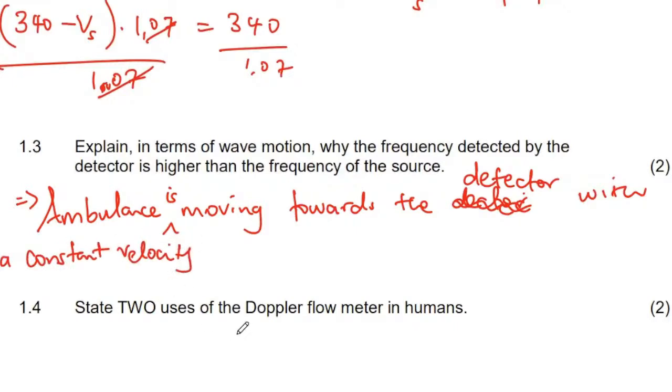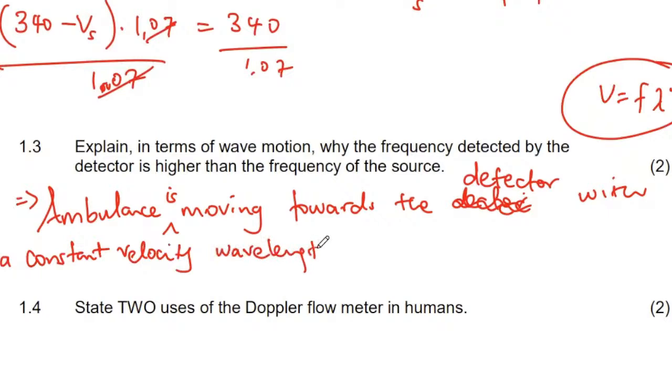But we know that velocity is equal to f lambda, from that wave equation of ours. So if it's moving with a constant velocity, the lambda is going to decrease, because it's closing in, moving closer to the detector. So we shall say that the wavelength decreases, and if the wavelength decreases, the frequency will increase.